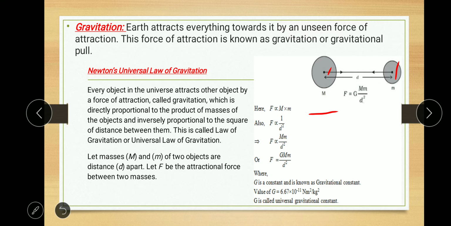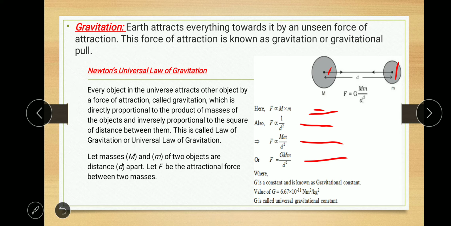If we combine these two, you will get F varies as capital M small m by d square. If you want to remove the varies sign, you need to put a constant, that is the gravitational constant, capital G.